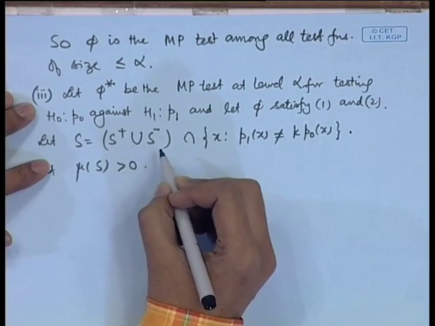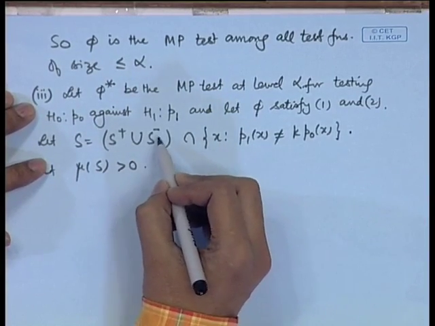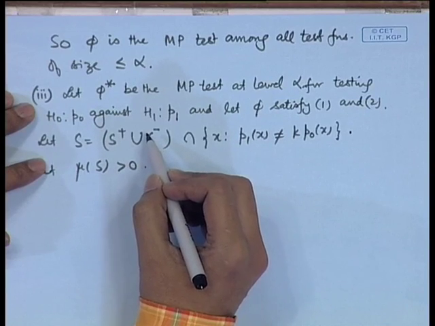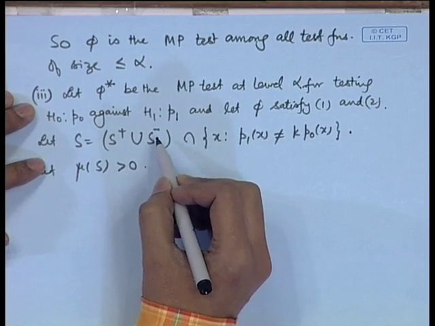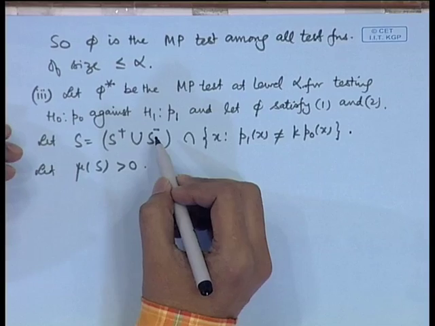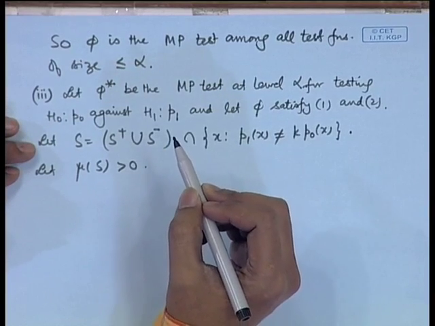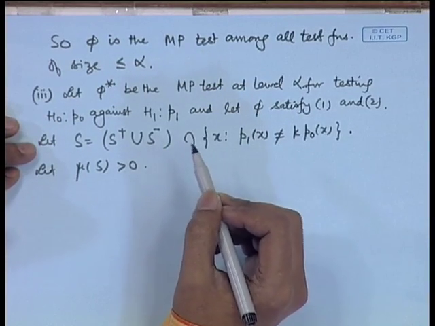Now, we have already seen that on S plus and S minus, the quantity phi minus phi star and P 1 minus k P naught will be greater than 0.